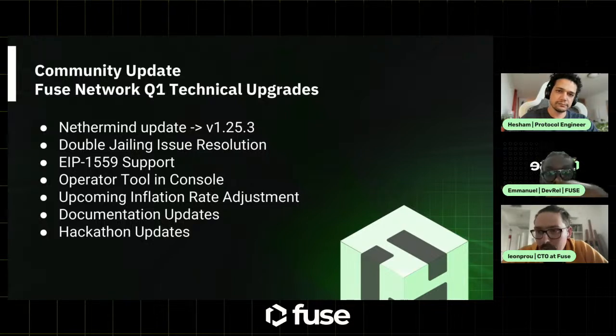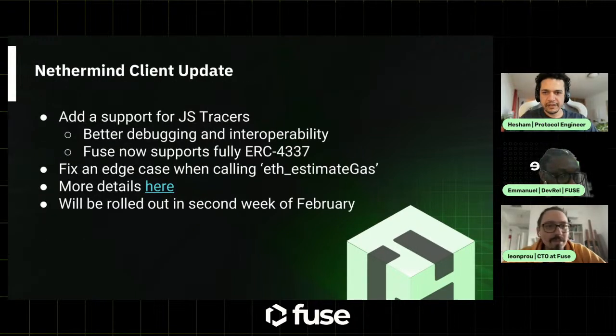I will talk about EIP-1559 support, like the fee burning, some updates about the console and the Fusebox inflation changes, and then Emmanuel will talk about the documentation updates and the hackathon. So, Hisham, I think you can go.